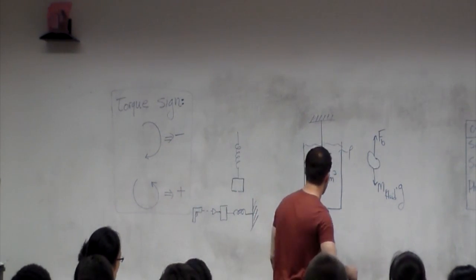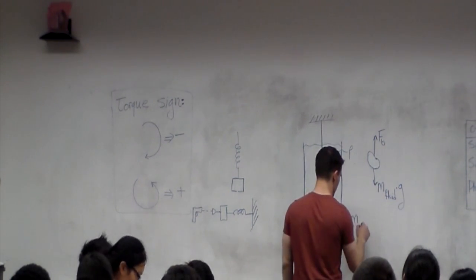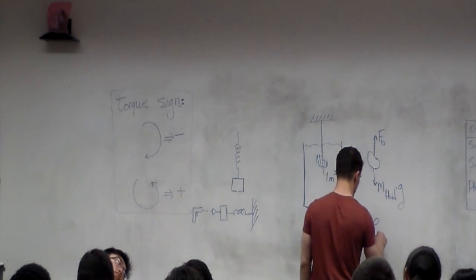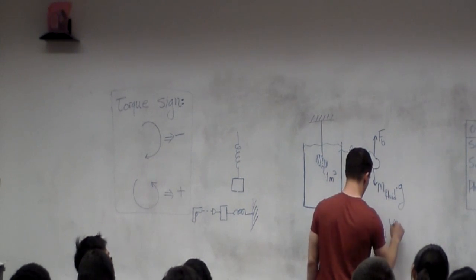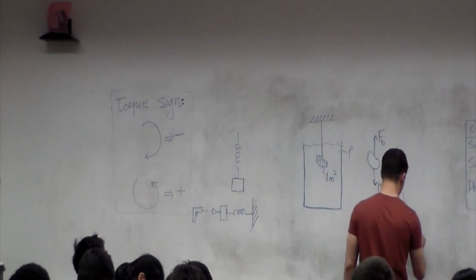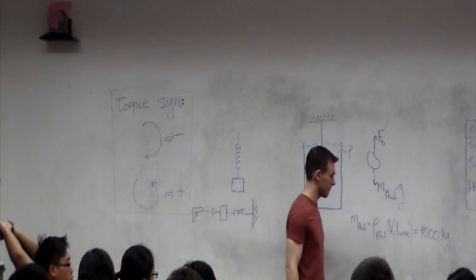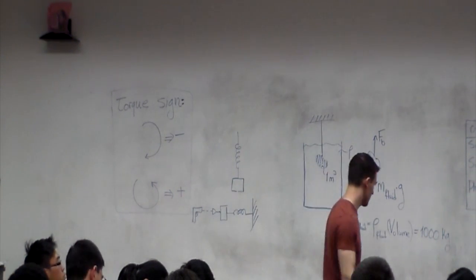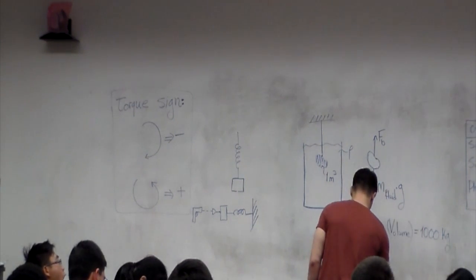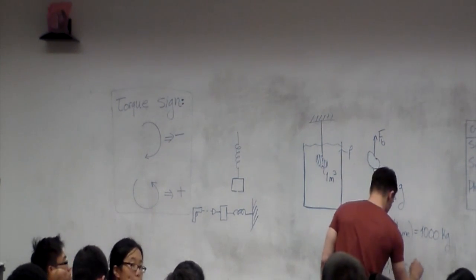What I do know is that the mass of 1 cubic meter of water and fluid is the density of water times that volume, which in this case would be 1,000 kilograms. Which means that the buoyant force on the thing is equal to 10,000 newtons.